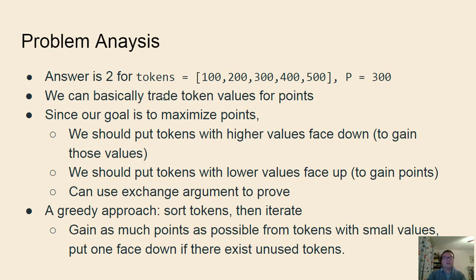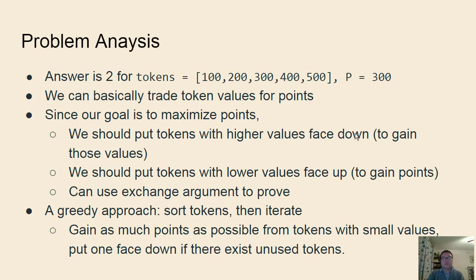How do we compute this for an arbitrary input instance? The thing to note is that we are basically trading token values for points. In some sense, we sacrifice a token, and then we gain the power, so we can play other tokens. Since our goal is to maximize the score, we should play the token with higher value face down so that we can gain more power.